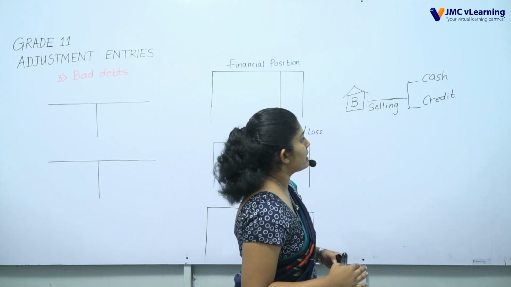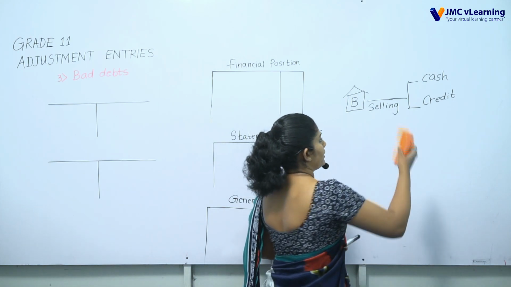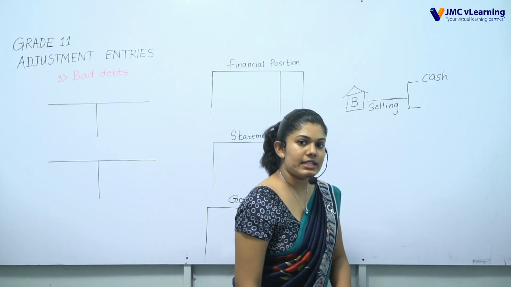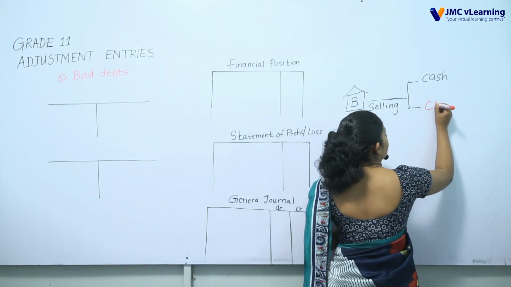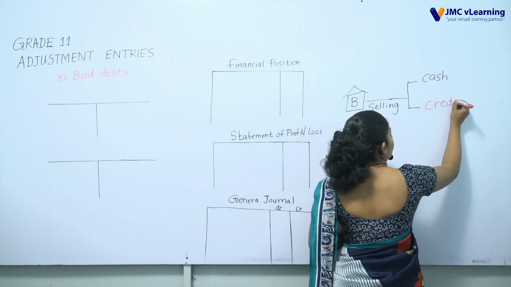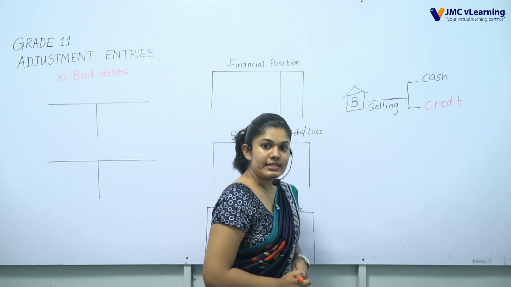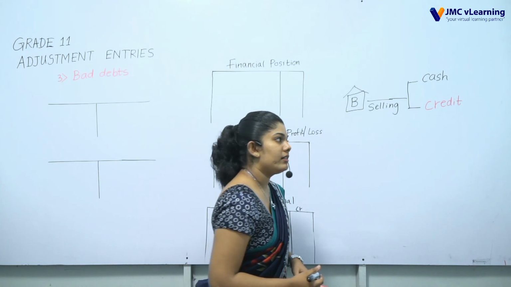In cash basis, you receive cash at the moment. But in this credit basis, this is the part we are talking about. As a result of credit sales, we are getting an asset.